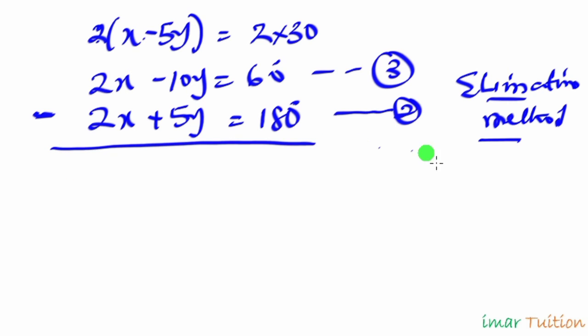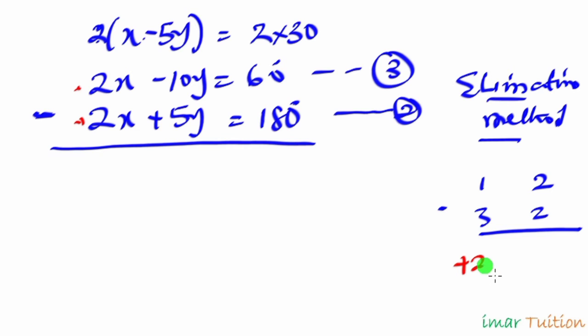Just like in your normal subtraction, you rule a line. Similarly, you also rule a line when subtracting simultaneous equations. So we're going to say 2x minus 2x. It's not just 2x, there's a plus in front of 2x here, and a plus in front of 2x here.